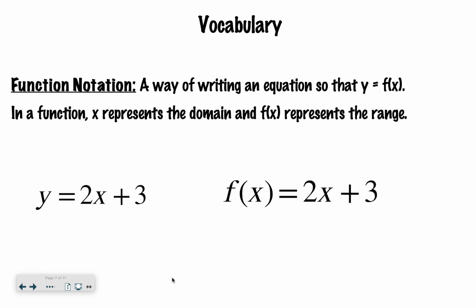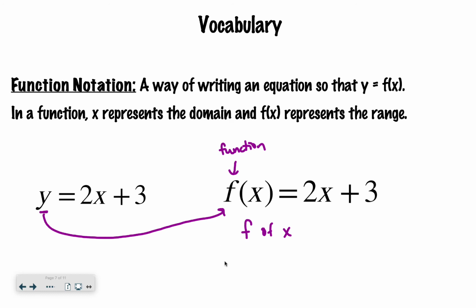Moving on to our next vocabulary term, we're going to talk about something called function notation. All that function notation is, is a way of writing an equation where you replace the y. You replace the y with f of x. This f represents the word function. And the way we read it is f of x.